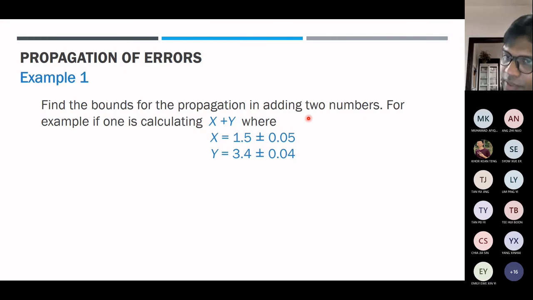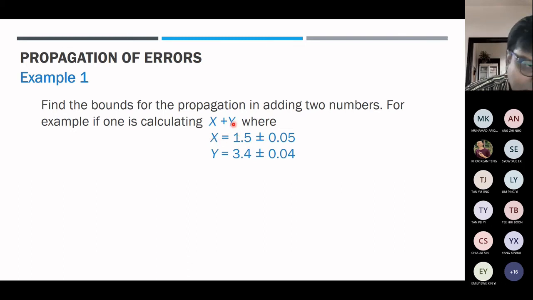For example, you are given x and y, and each has its own error. x has an error of plus minus 0.05, so it could be higher than 1.5, which is 1.55, or it could be 1.45. So this is an individual error for x.